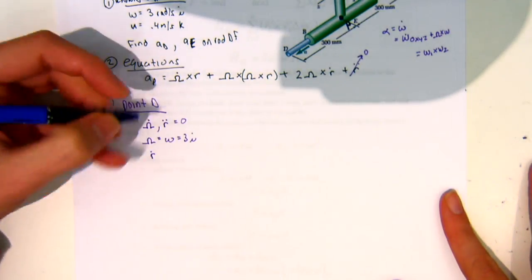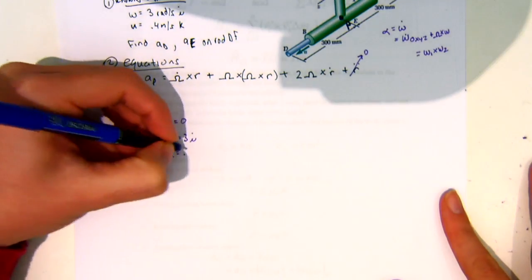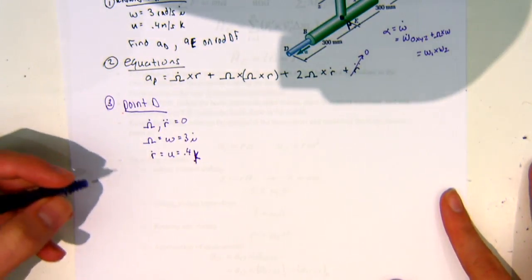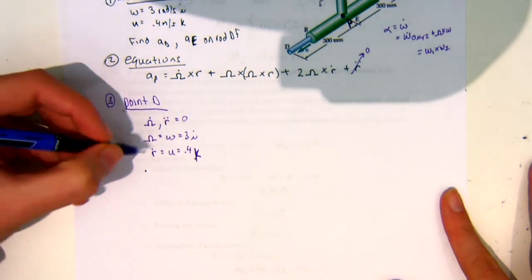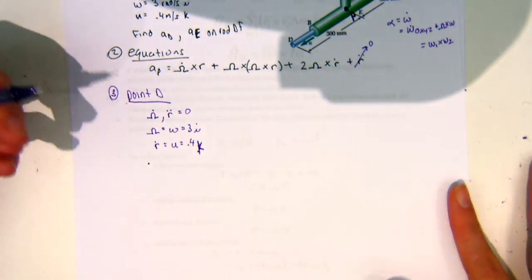So for r dot, we know that that is equal to our u, which is 0.4 in the k direction. And the last thing I need for this is r. I'm about to talk about that.